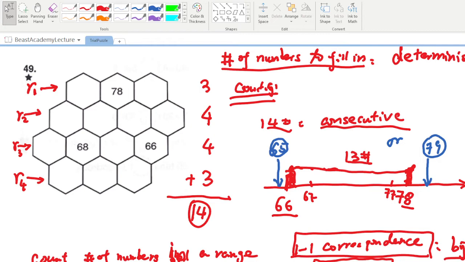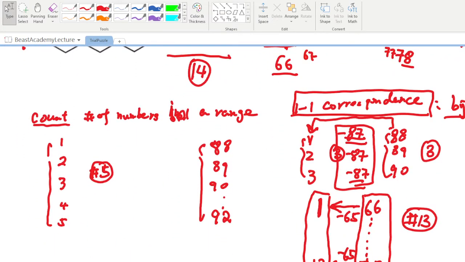Are you okay with anything I talked about so far? Okay, I talked about the one-to-one correspondence, right? I talked about how to count. If you feel that from 66 to 78 you don't know how to count how many numbers there are, I teach you the one-to-one correspondence, called the bijection. So you can convert 66 to 78 to a simple range from 1 to 13.